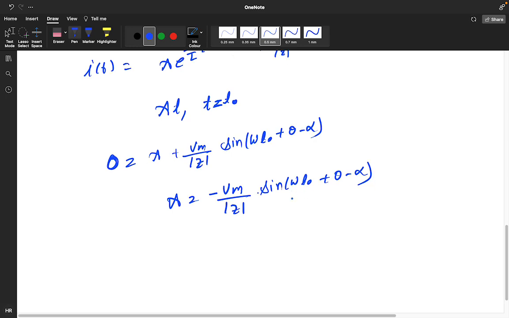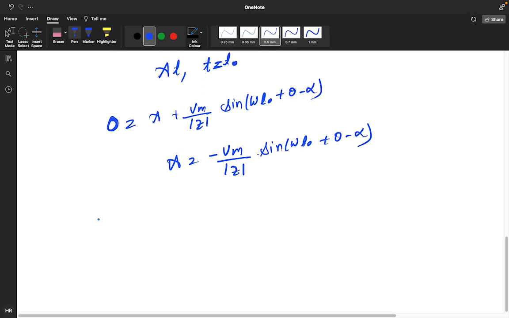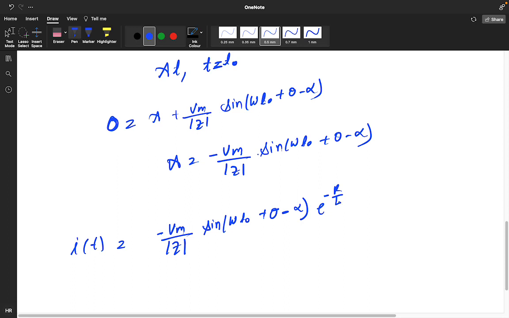This value you are getting. Now if you substitute in the main equation I of t, you get minus Vm by mod Z sine omega t naught plus theta minus alpha e power minus R by L t minus t naught plus Vm by mod Z sine omega t plus theta minus alpha.